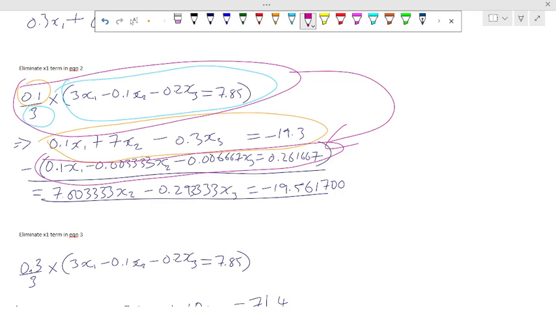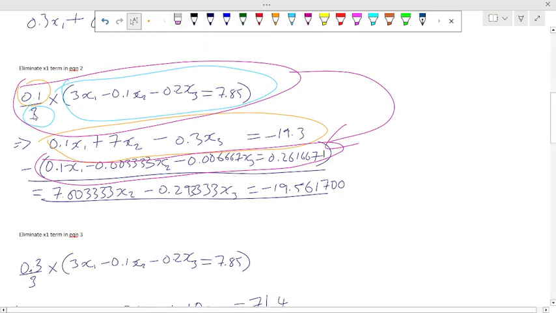So many colors, but I hope you understand what I mean. This is from equation 1, from equation 1, from equation 2, from equation 2. Then this under is the result of this expression. And this expression is simply the coefficient of x1 in equation 2 divided by the coefficient of x1 in equation 1 multiplied by equation 1 subtracted from equation 2.